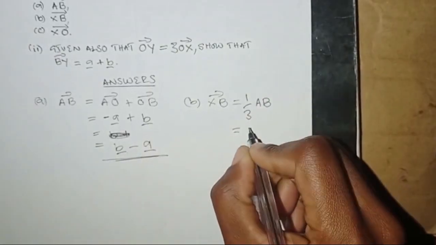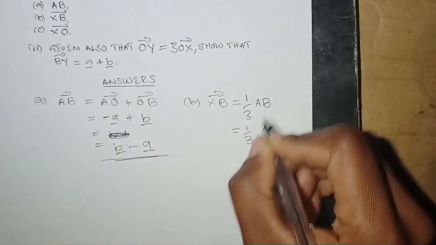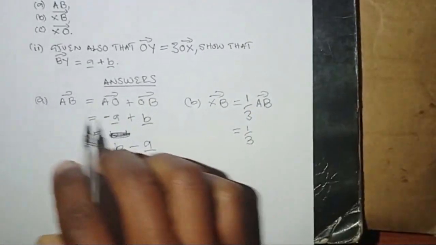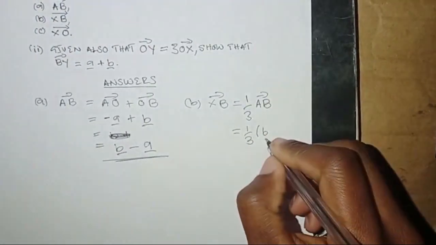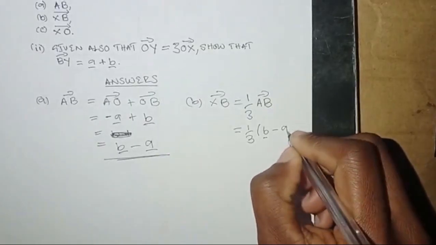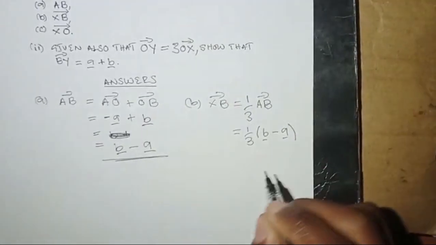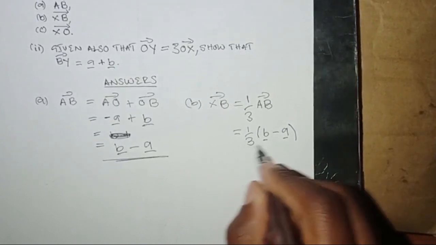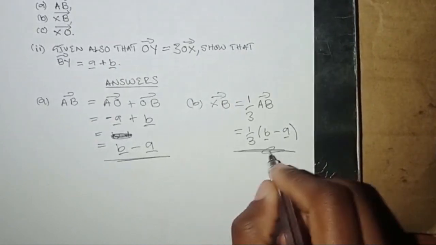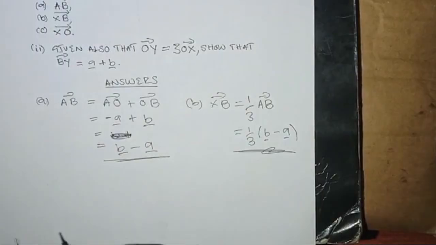Now, what is 1 over 3 of vector AB? We already know vector AB. We have found it. And it's B minus A. So this is the answer. No need of further simplifying that. That's the answer for that question.